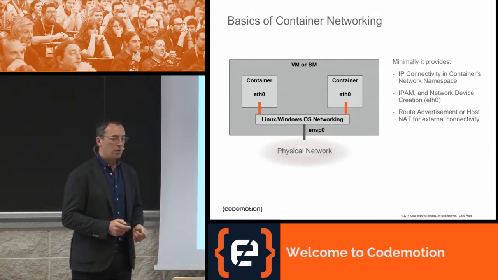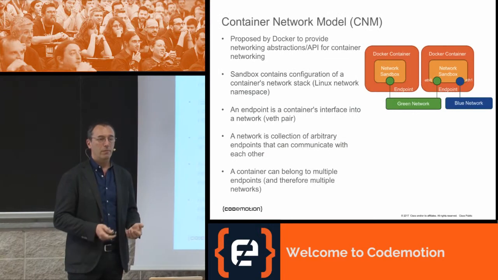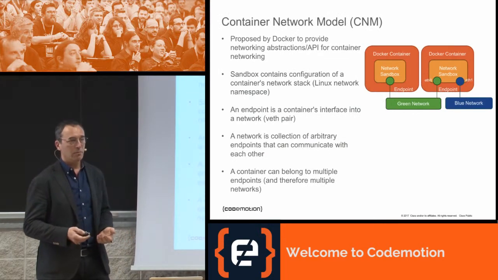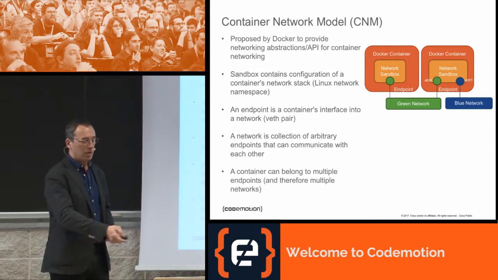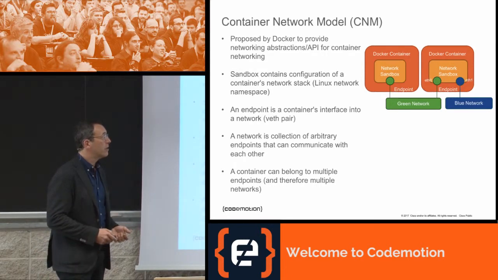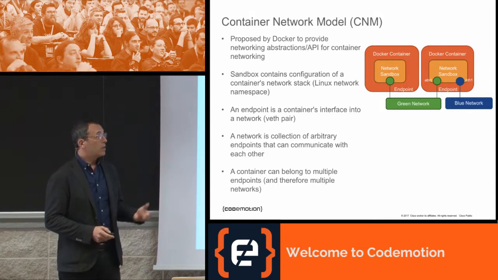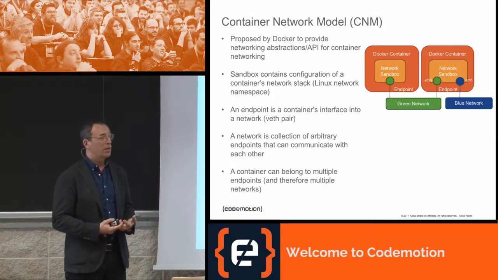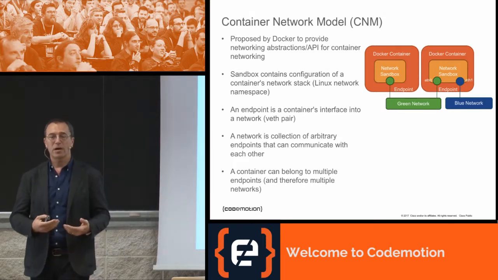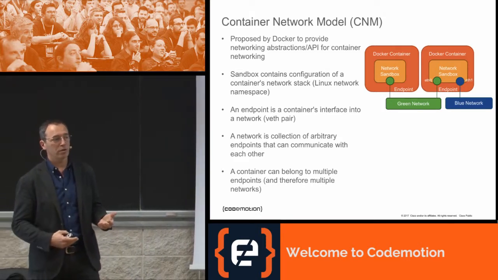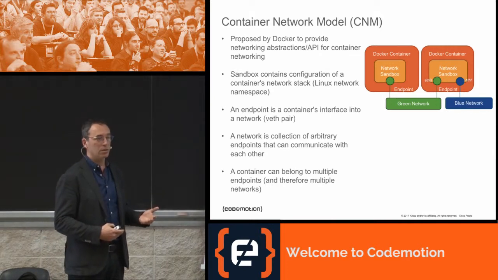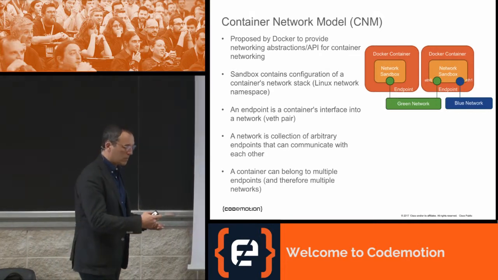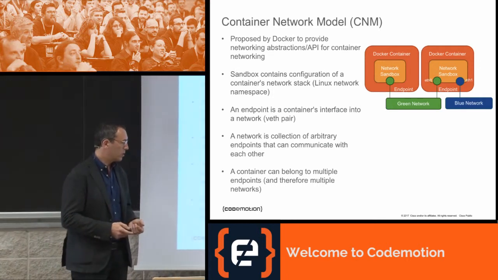So the two main models for managing the networking are CNM, invented by Docker, and CNI that we will see in the next slide. So essentially, every container has a sandbox that encapsulates the networking aspects. There is a namespace. There is the possibility to create some Ethernet interfaces that are actually coupled with other virtual Ethernet interfaces running in the host, in the virtual bridge running in the host.